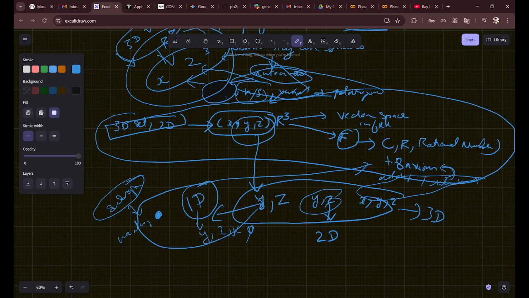If we take y, z, it has to have zero, which is (0, 0). Why?